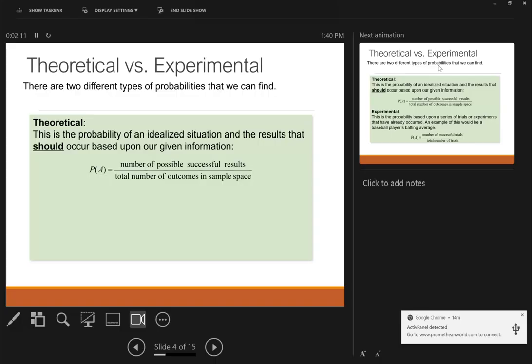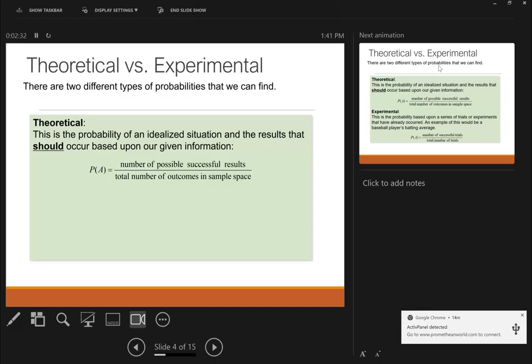So one way to classify probabilities is into 2 groups, either theoretical or experimental. Theoretical is the number of possible successful results divided by the total number of outcomes in the sample space.